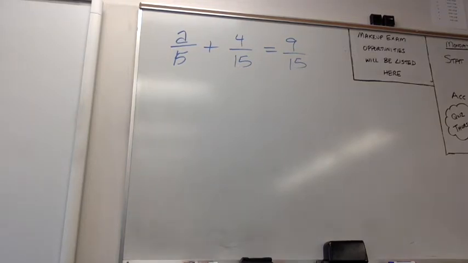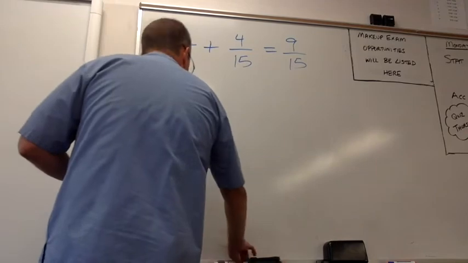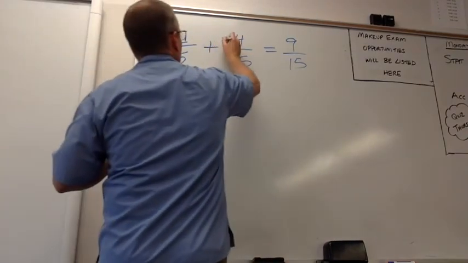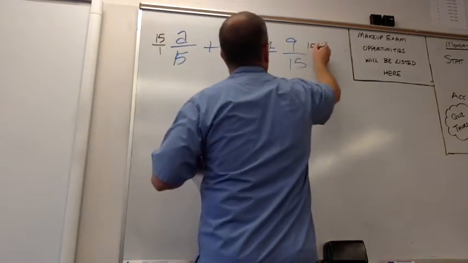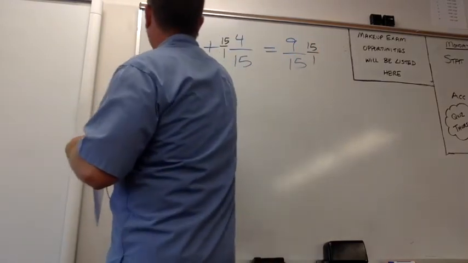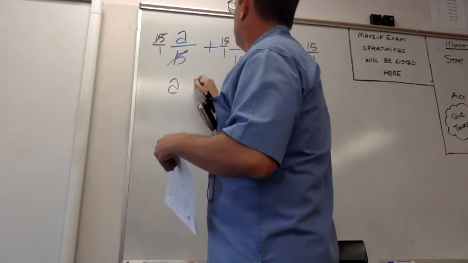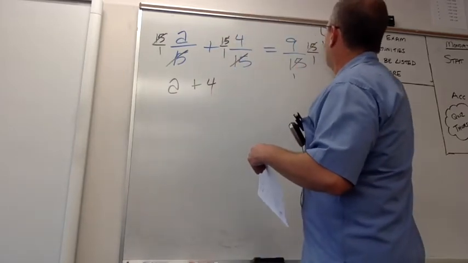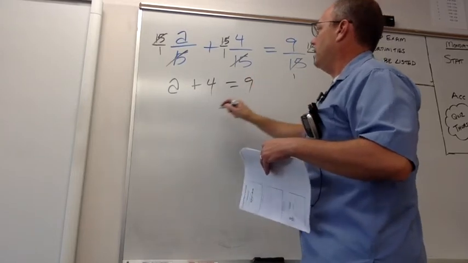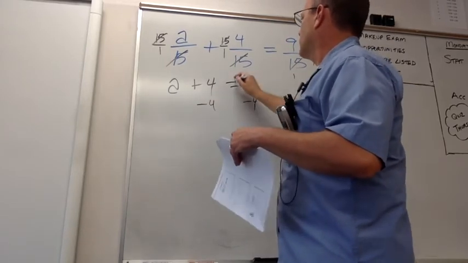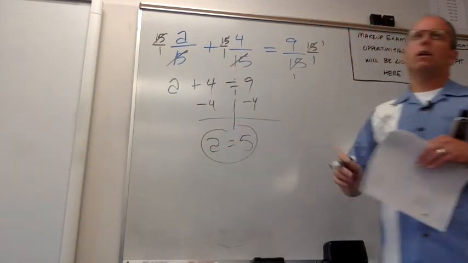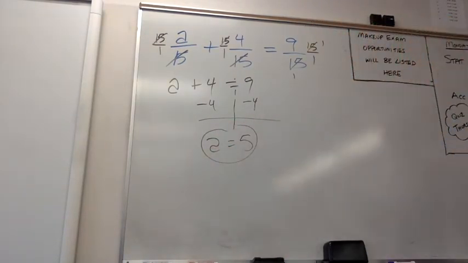But I don't want it. So what I'm going to do is multiply all 3 of my fractions by 15 over 1. That goes into there. I'm just left with a. Plus, this goes in there. That leaves me 4. This goes into there. That leaves me 9. Subtract 4. A equals 5. Done. No fractions.